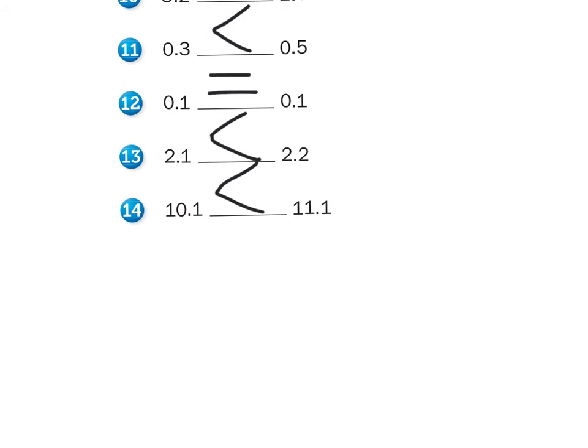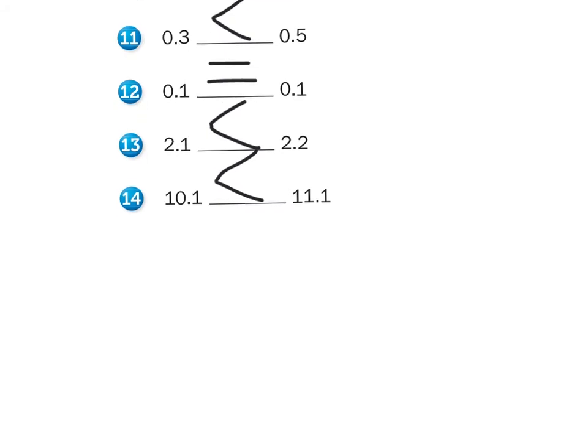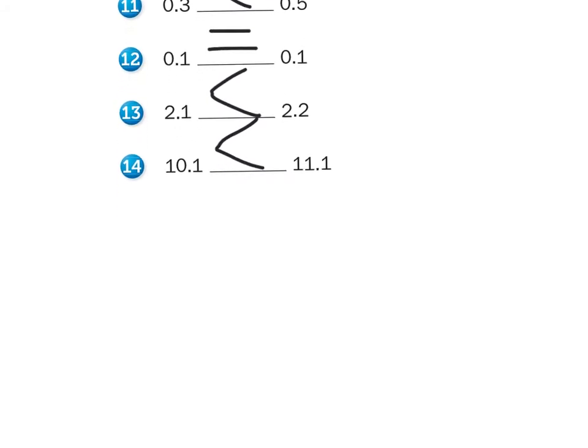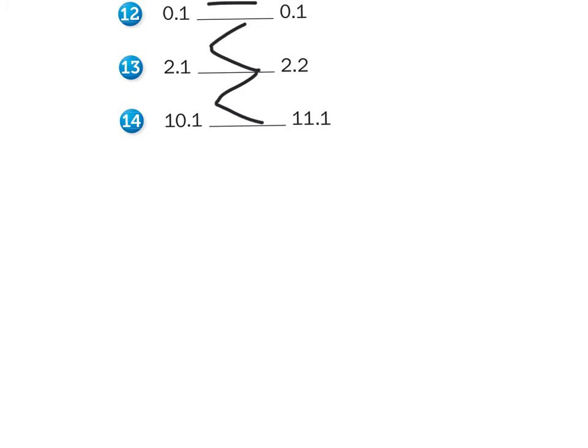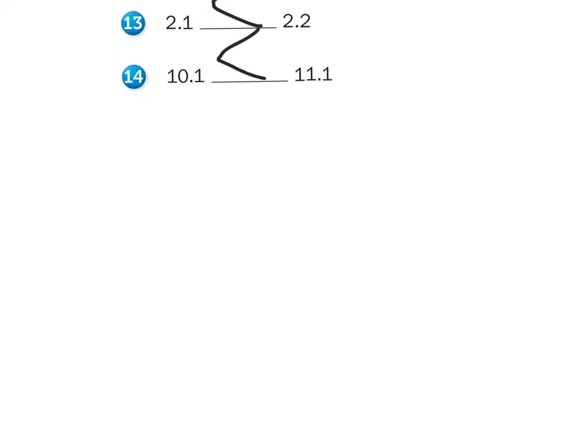11, 3/10 is less than 5/10. Number 12, those are exactly equal. 1/10 is equal to 1/10. 13, 2 and 1/10 is less than 2 and 2/10. And 14, 10 and 1/10 is less than 11 and 1/10.